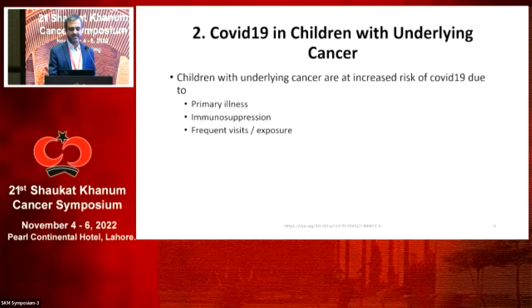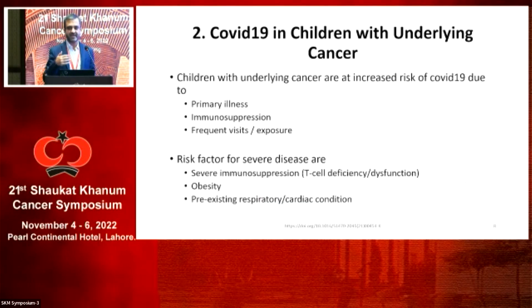And children with cancer are at increased risk of COVID-19, and the reasons are the underlying immunosuppressed status, chemotherapy, as well as frequent visits and exposure to healthcare facilities that put them at increased risk of acquiring infection from healthcare providers or from the hospitals.